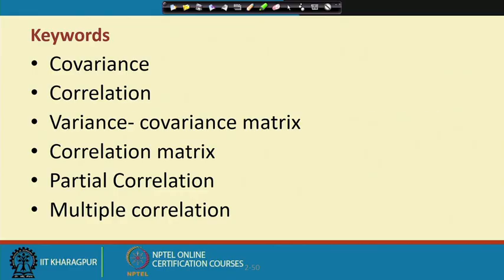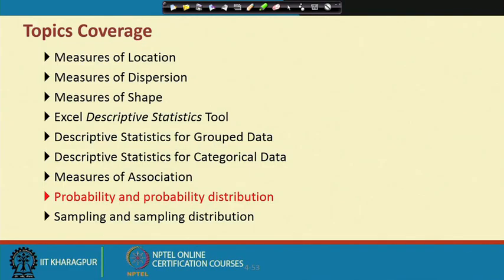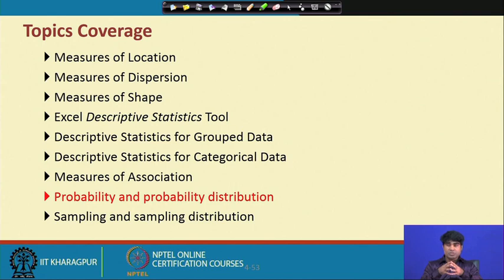That means some of the basic things we are supposed to discuss again in order to make these analytics more attractive. So, the requirement here is probability, probability distribution and sampling distributions, because we are living in a complex environment.